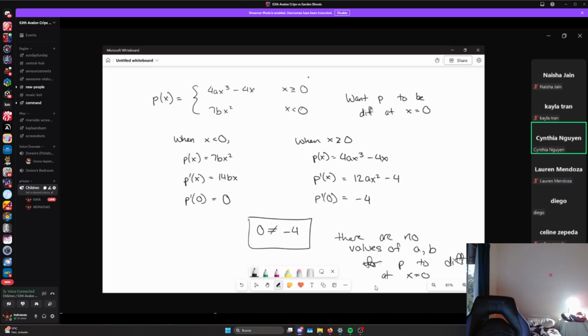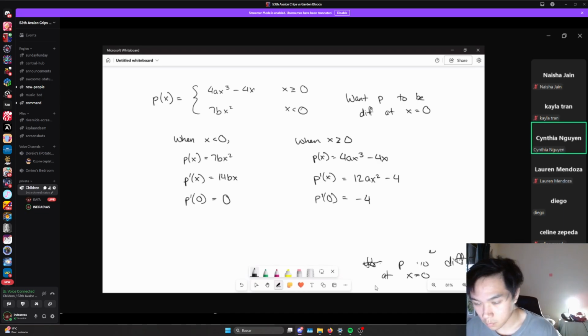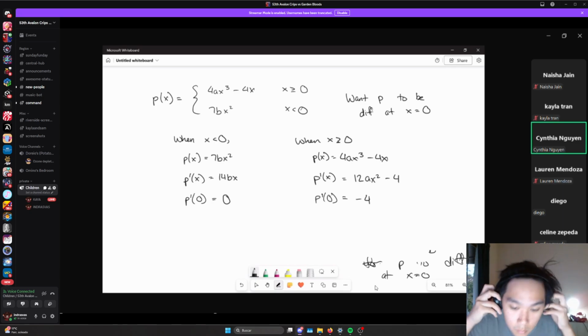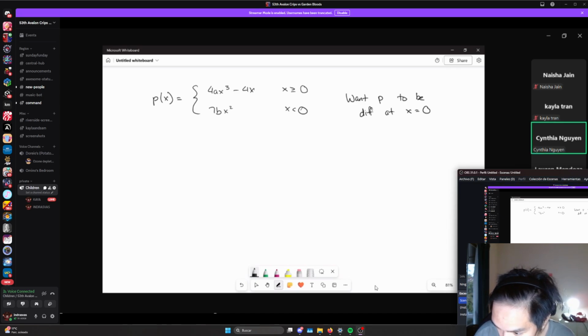There's a chance that maybe one of them is at the end, but then that would mean it's differentiable for any value of b as long as a is this certain value. I trust that you all can perfectly interpret that.